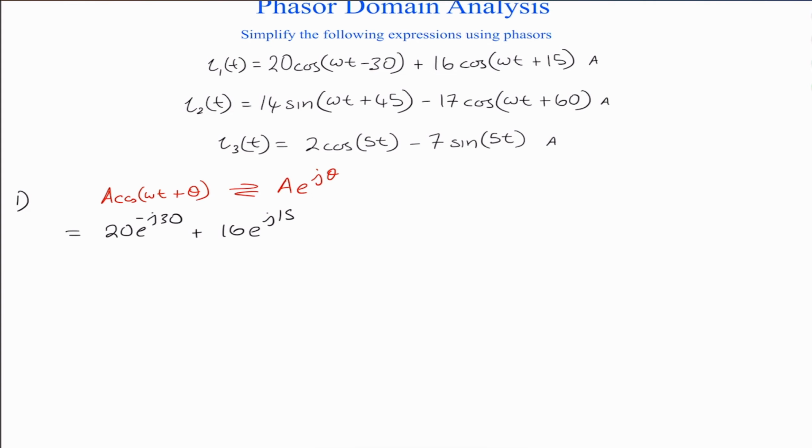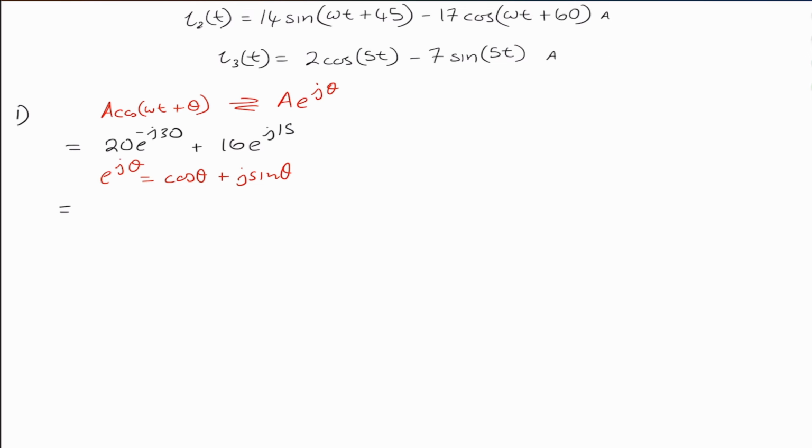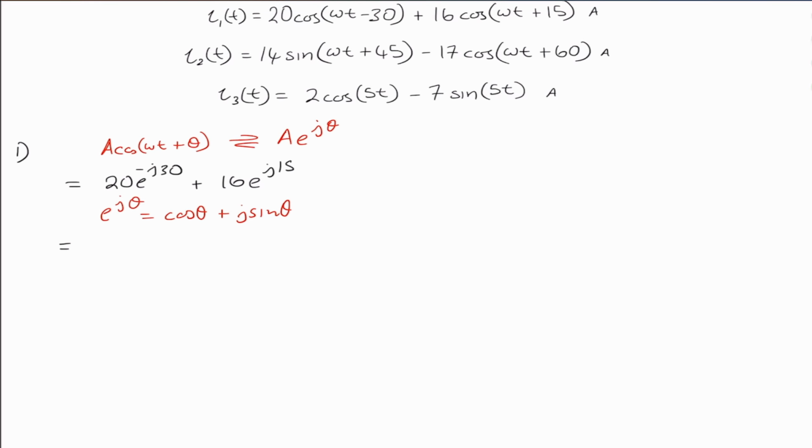We then go ahead and use Euler's identity for us to be able to add both of those, which is equal to cosine theta plus j sine theta. We'll see that our expression will give us two cosines and two sines.